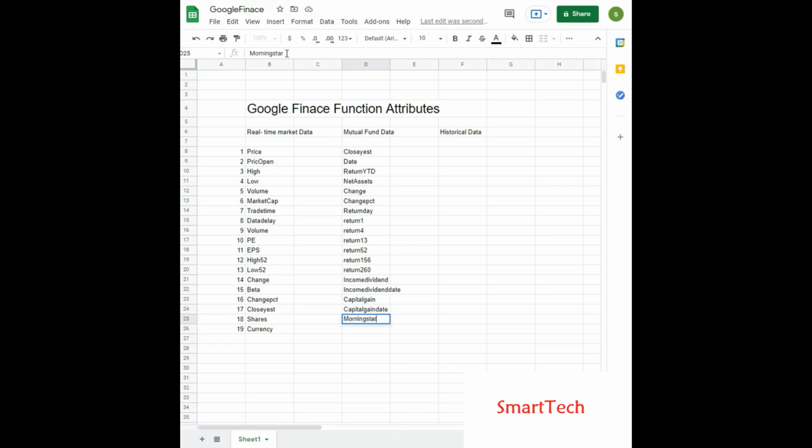The next one is expense ratio, the percentage of fund assets that pays operating expenses and management fees. And the last one is yield PCT, the sum of trailing 12 months income distributions divided by the last month ending NAV plus capital gains distributed over the same period.